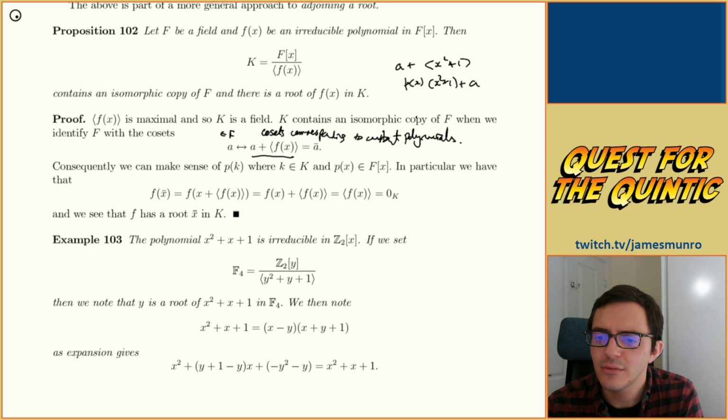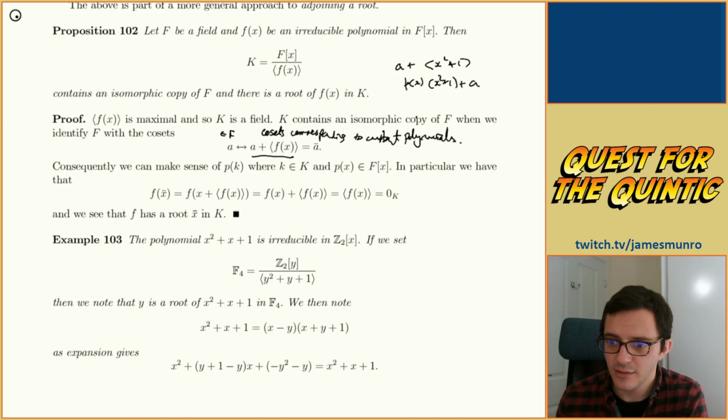Oh, it's the polynomial x. Coset of that. Oh. So we looked at constant polynomials, and now we're looking at kind of linear polynomials? The coset of x. So what is x bar?